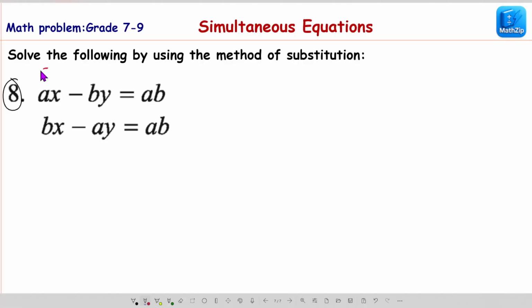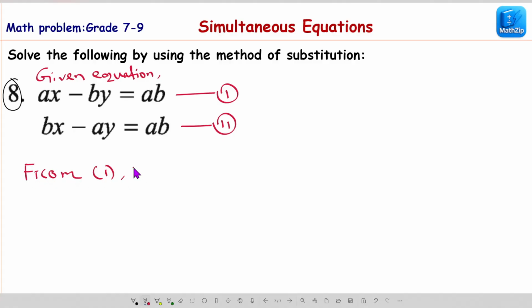Given equations: ax minus by equals ab, which is equation 1, and bx minus ay equals ab, this is equation 2, right? Now from 1 we have ax minus by equals ab.